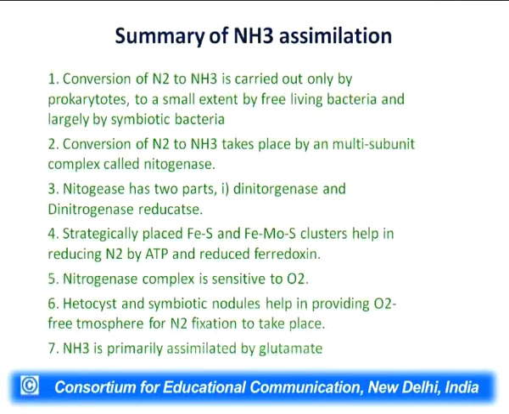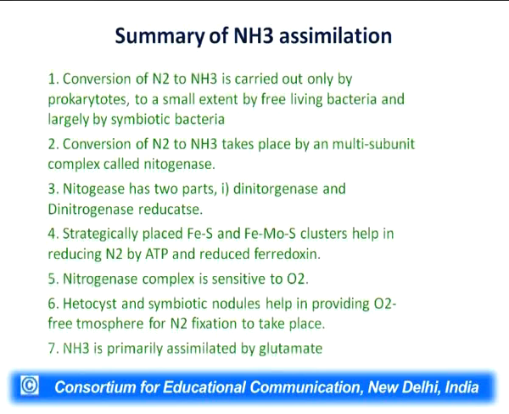If you ask me to summarize ammonia assimilation, I would say that the atmosphere has more than 80% nitrogen, which is not used by any living being. A proprietary enzyme present in prokaryotes called nitrogenase can convert nitrogen into ammonia, and this conversion is facilitated by symbiotic nitrogen fixation between plant and microbes.